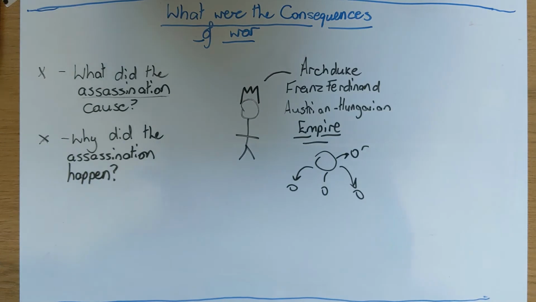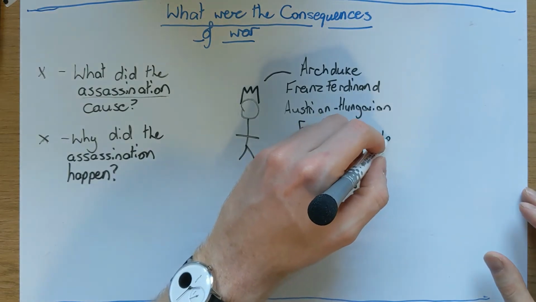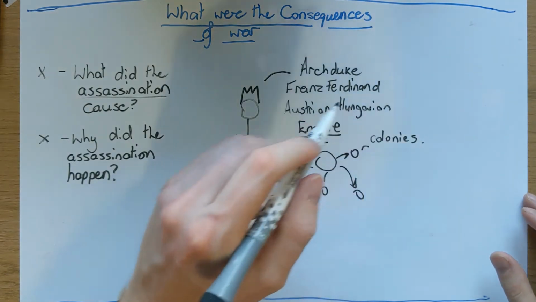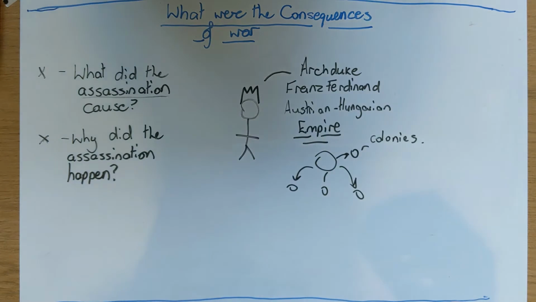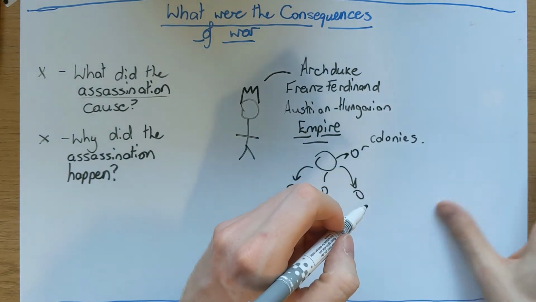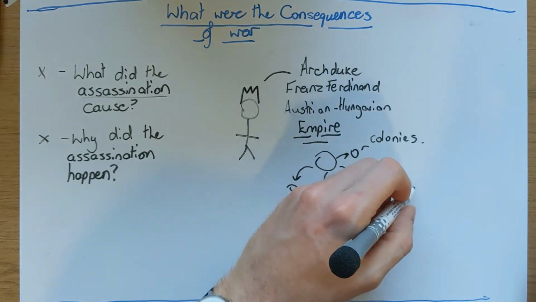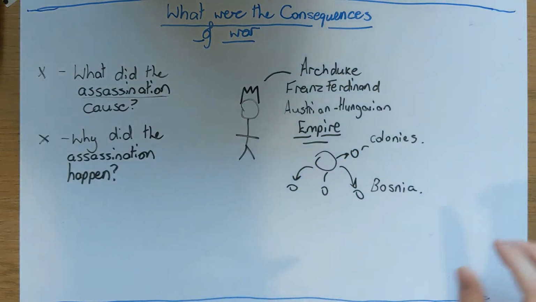You can write down a definition of the answer if you think you know it. Okay, these would be colonies. Now, one of those places was a place called Bosnia.